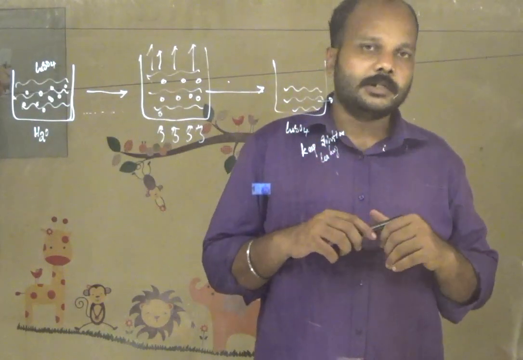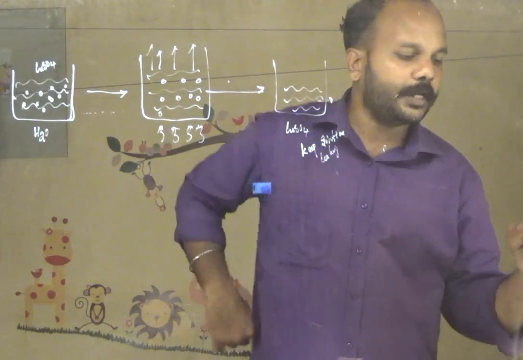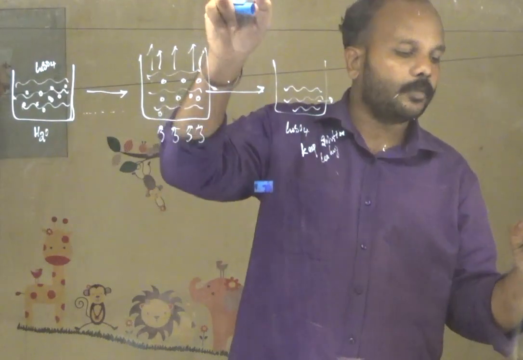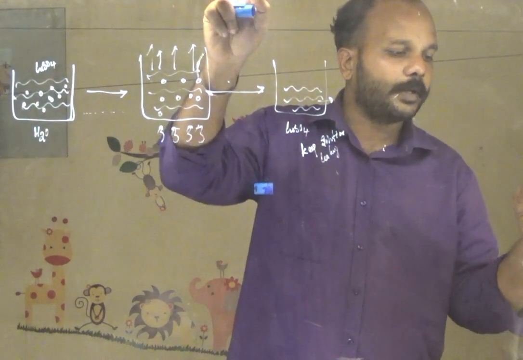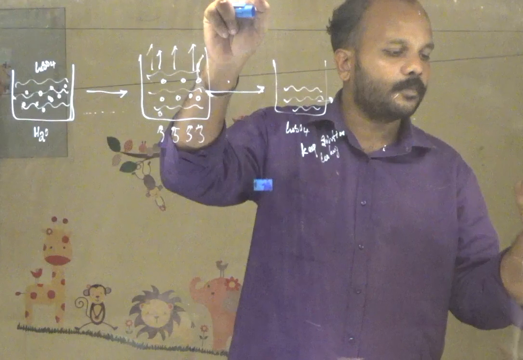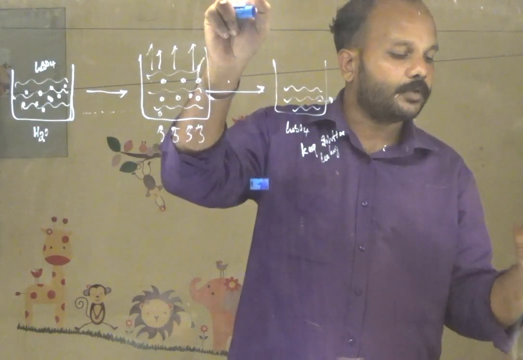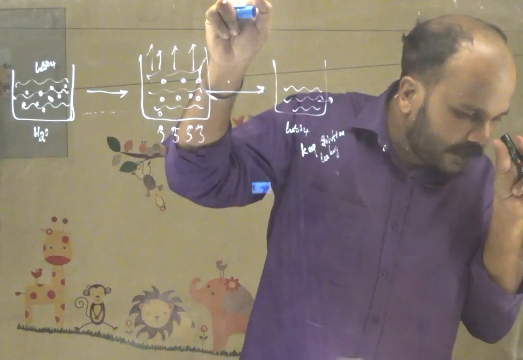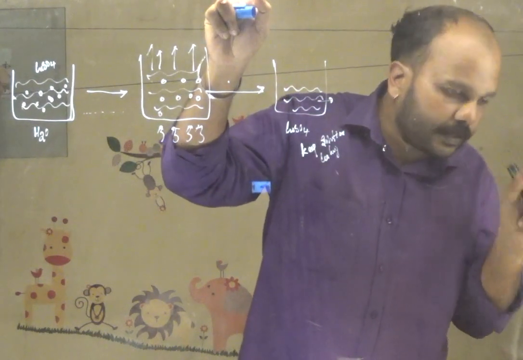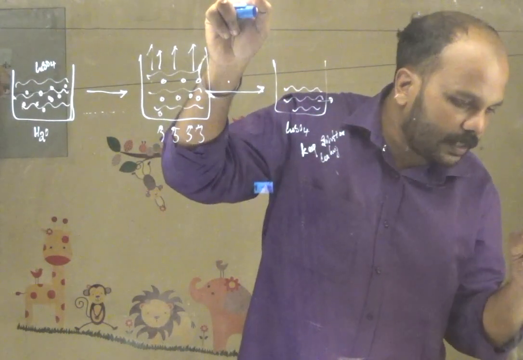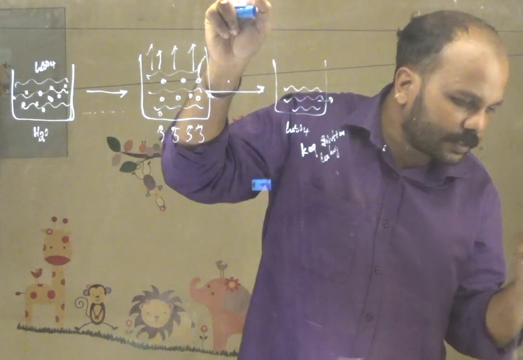But prior to that, you take some copper sulfate over the microscope, and if you look carefully through the microscope you can see the crystals getting separated.